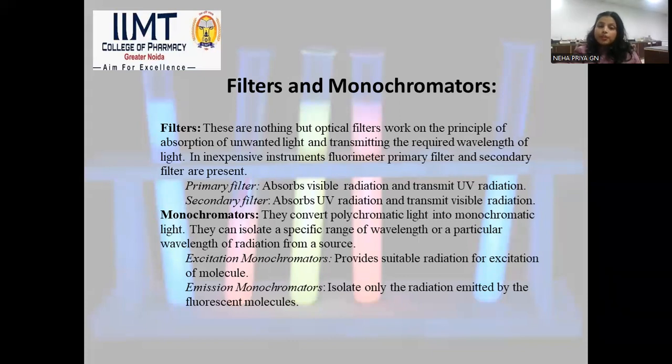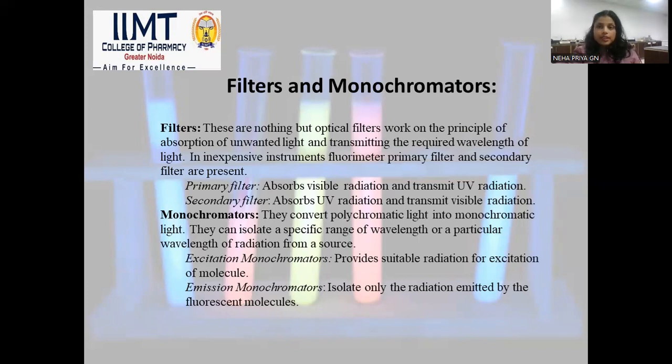The excitation monochromator provides suitable radiation for excitation of the molecule, and the emission monochromator will isolate only the radiation emitted by the fluorescent molecule. Here is what is important: the monochromator will separate out the wavelength given by us to a molecule. The energy which was emitted by that sample needs to be taken care of by this monochromator.